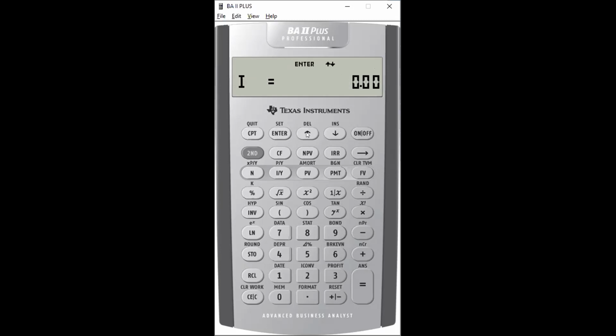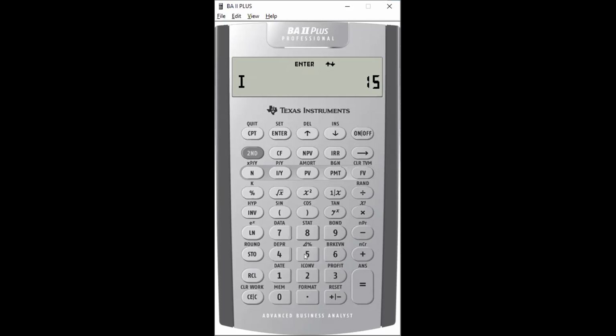If we want to change the discount rate from 0 to 5%, we press the up arrow, change the interest rate into 5 and press compute. So when the weighted average cost of capital is 5%, the NPV of project A is 43.13.